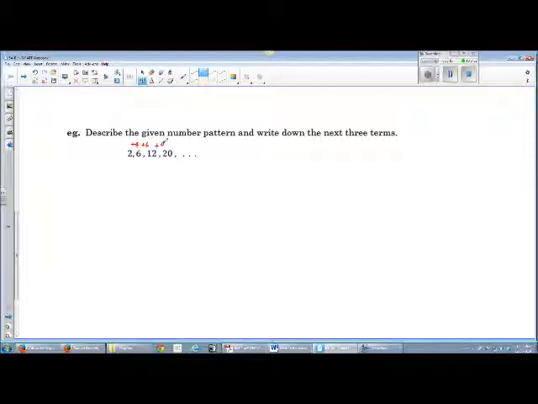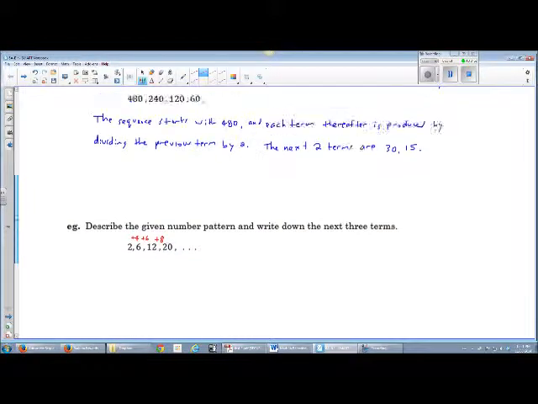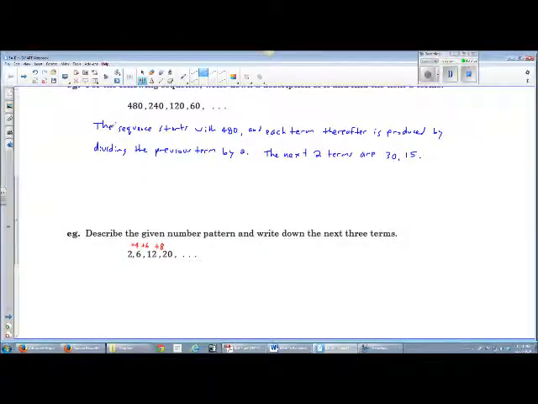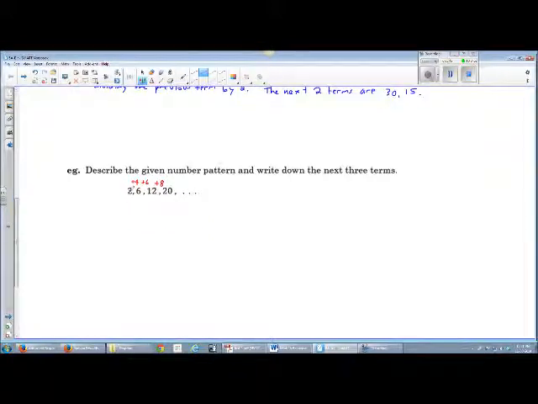So we see that there is a pattern there. If I'm trying to describe the pattern like I did up here, where I said the sequence starts with 480 and then after that we divide each by 2, well, here for the second example, I would be saying the first term is 2, and then I would add 4, but then to get to the next term after that, I would have to add 6, which is kind of in a pattern.